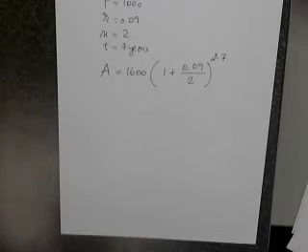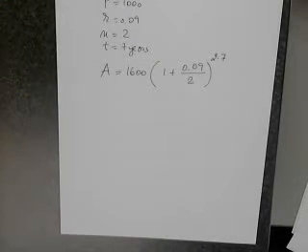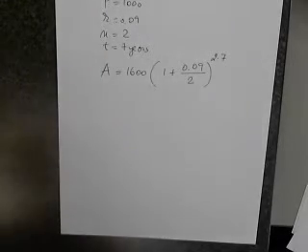So let's see how we put this in the graphing calculator. 1600 in parentheses 1 plus 0.09 divided by 2, close the parenthesis, power, which is caret, in parentheses 2 times 7, or you can write 14, and press enter. So the accumulated value in 7 years will be approximately 2963.11.